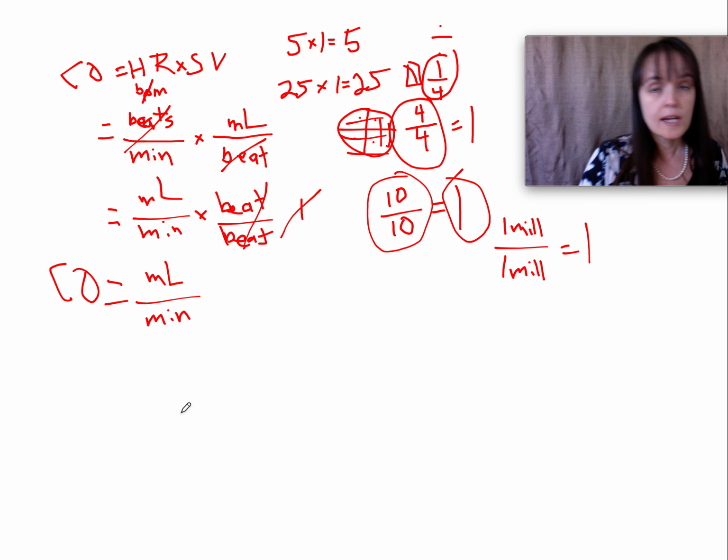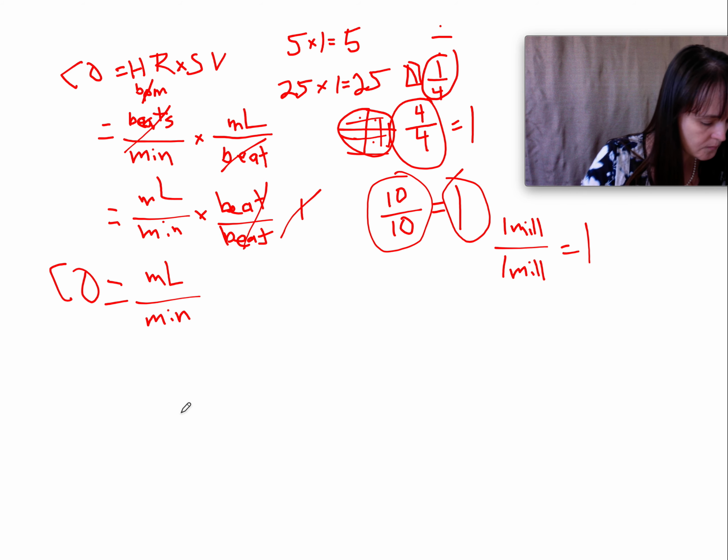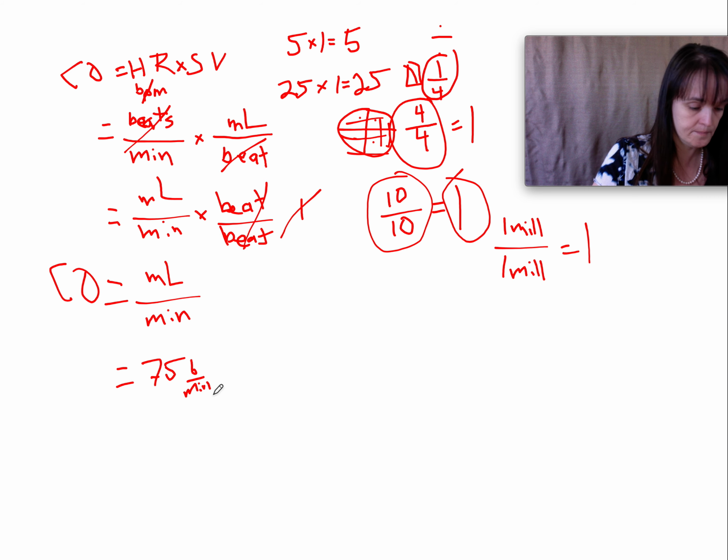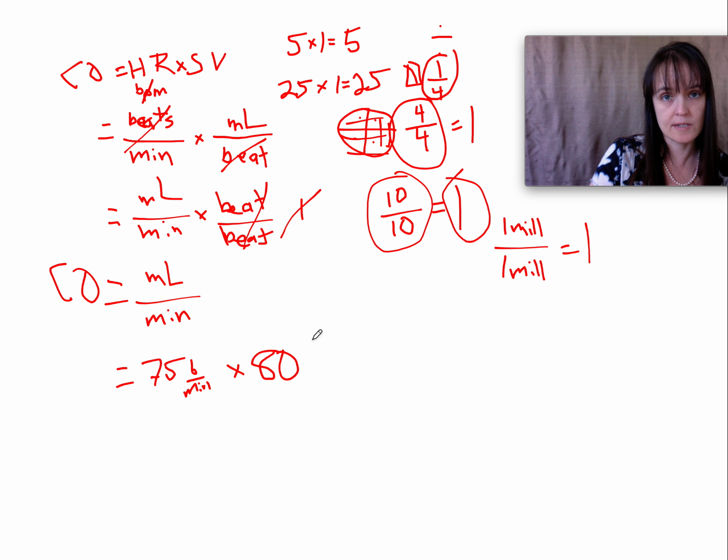Okay, so continuing, given the average heart rate of 75 beats per minute and the stroke volume of 80 milliliters per beat. I apologize, my handwriting with the mouse is not getting better. I still blame the mouse.